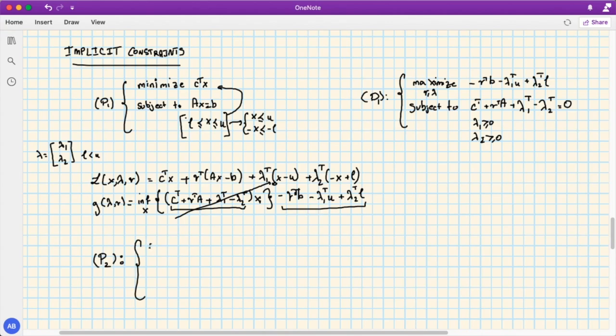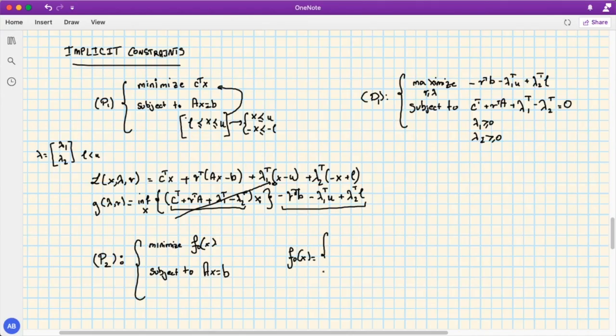Instead, I'm going to be minimizing a function of x, so f0 of x, subject to the remaining constraint, that is Ax equal to b, where my f0 of x is defined as follows.